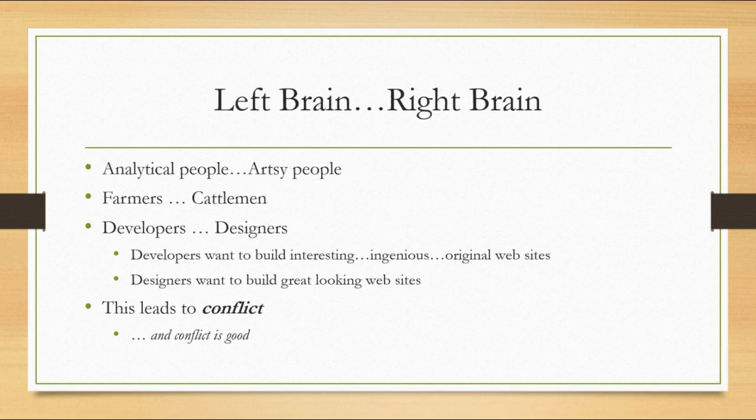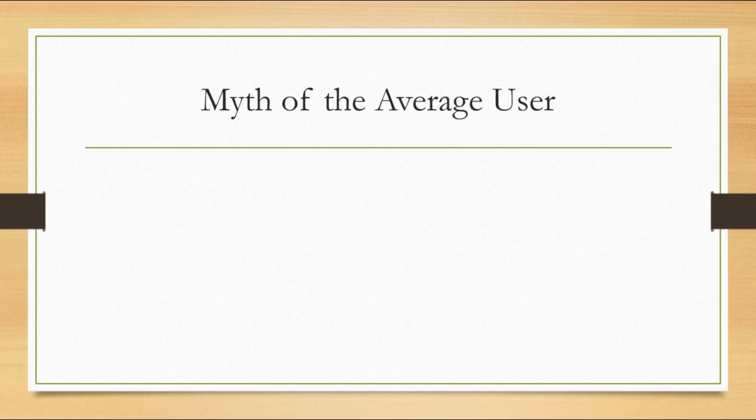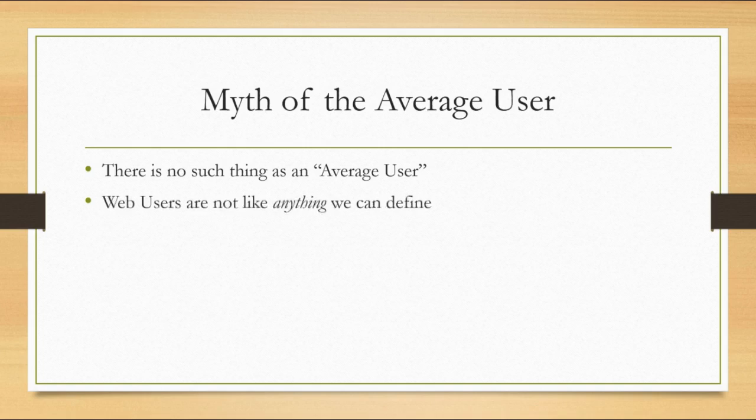All right, so let's talk about the average user. And the first thing we learn about the average user is there is no such thing as an average user. Bottom line is web users are not like anything that we can define.